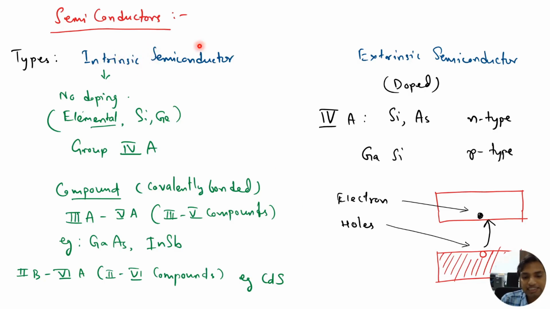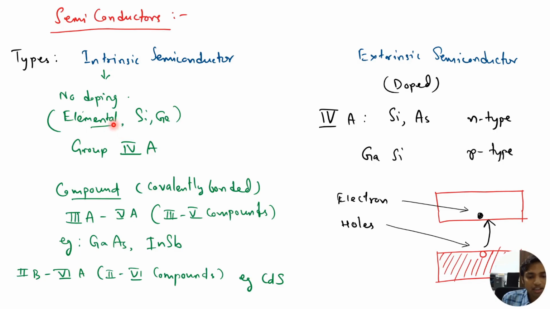One is called intrinsic semiconductor and the other is called extrinsic semiconductor. In the extrinsic semiconductor, we add some particularly designed impurity to it. But an intrinsic semiconductor is a pure element or a pure compound.